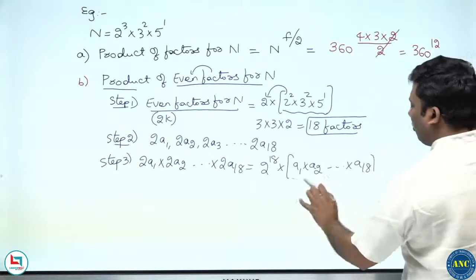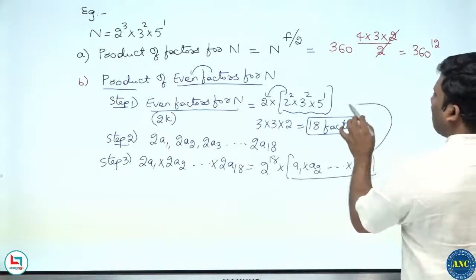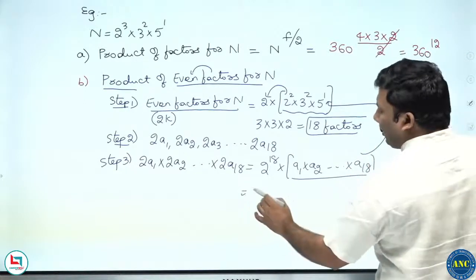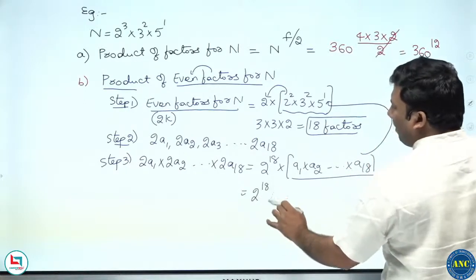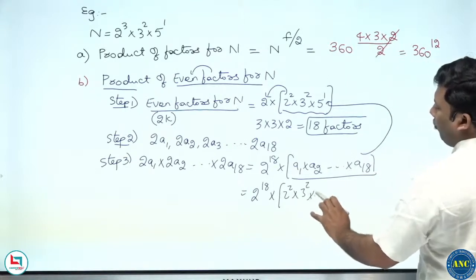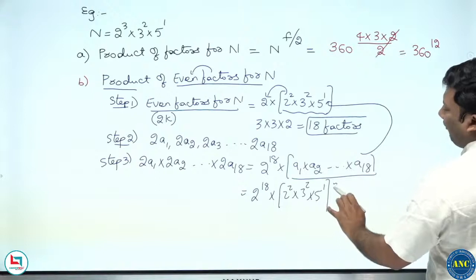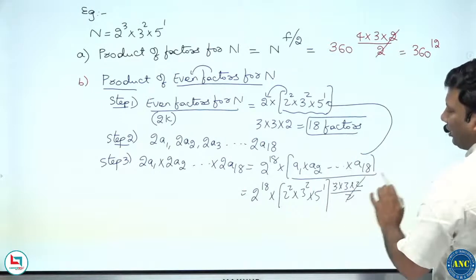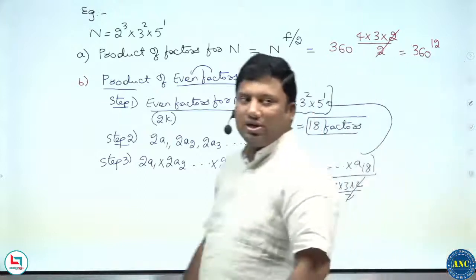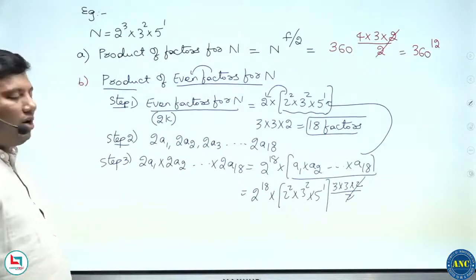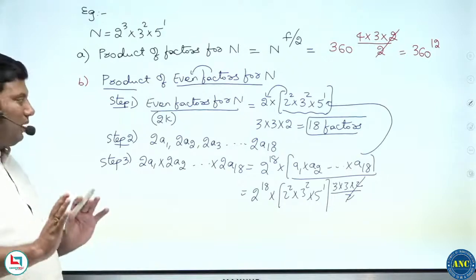These are the factors for this number, so the product of the factors is given by number power number of factors by 2. Number is 2 square into 3 square into 5 power 1. So the answer for this question is 2 power 18 into 360 power 9.